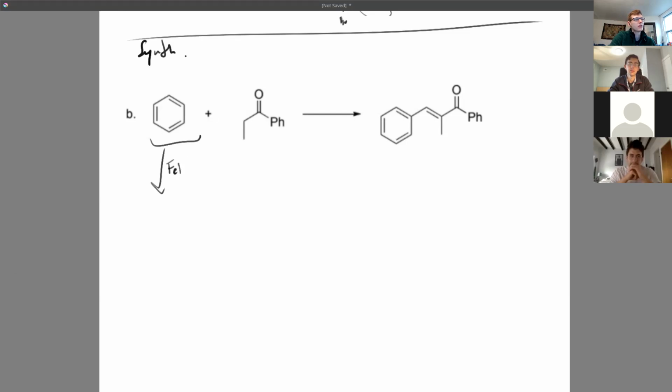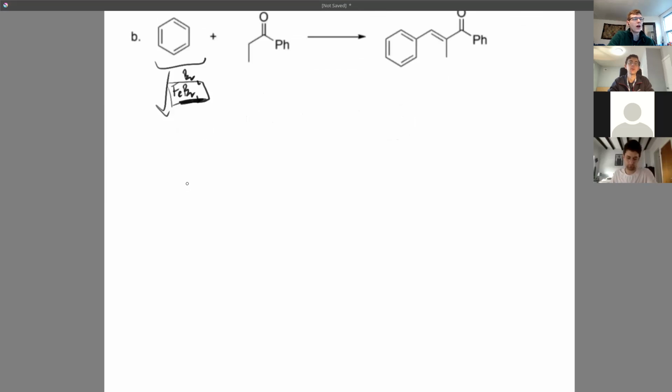That'll work. What's the difference between the PBr3 and the FeBr3? That's a good question. This is a Lewis acid catalyst.